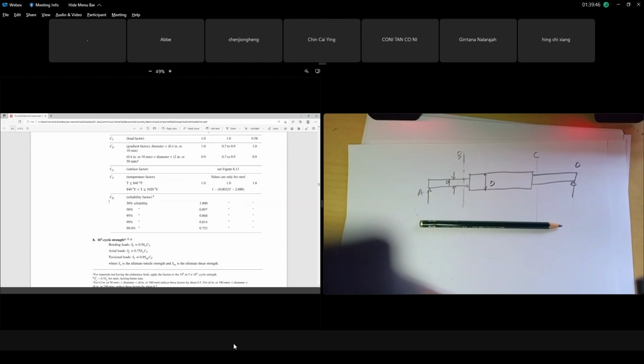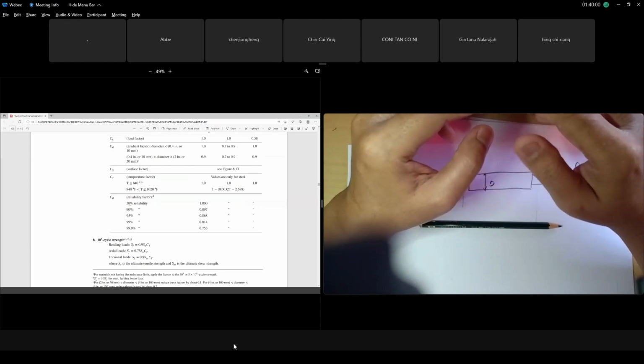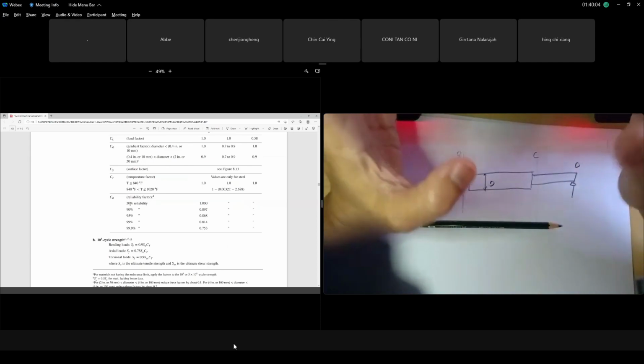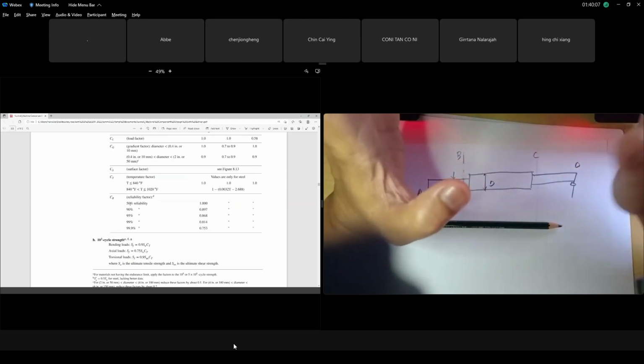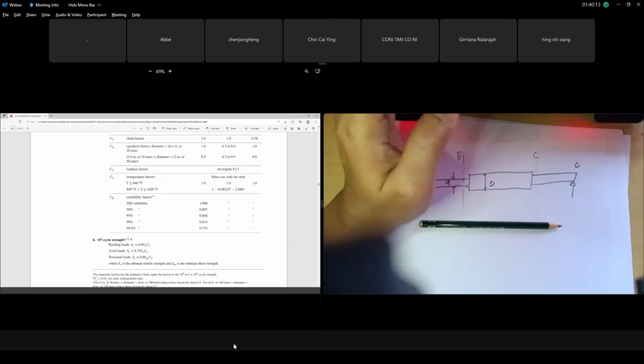Right. The last one is CR. CR is the reliability factor. If reliability is not given in the question, it is 1. But sometimes we consider reliability in terms of quality. Reliability means how many percent fail. If we want high reliability, like 99%, the value is 0.814.